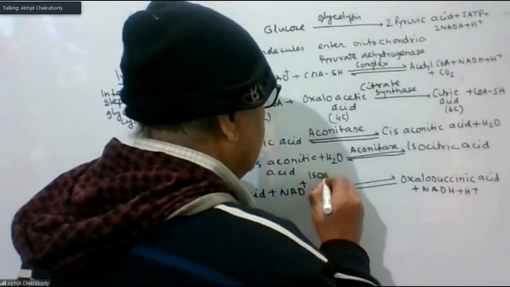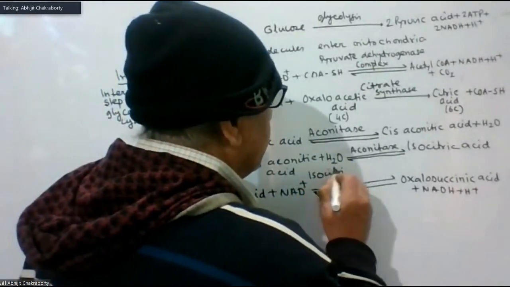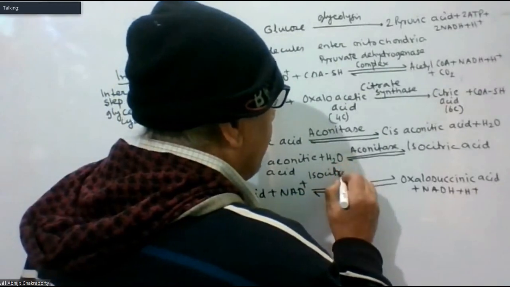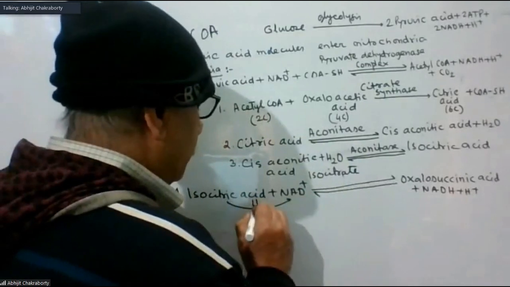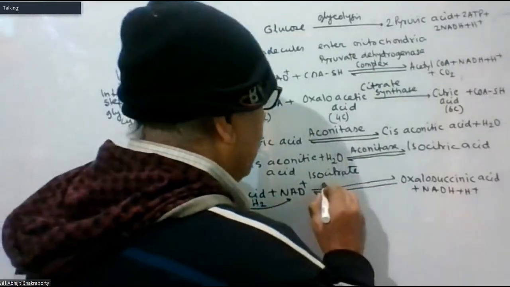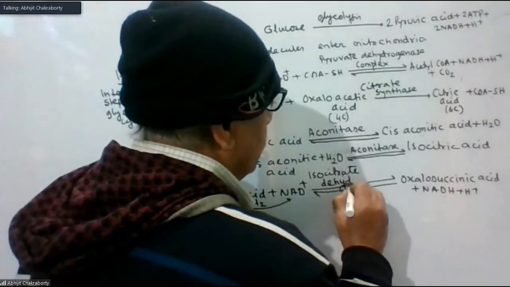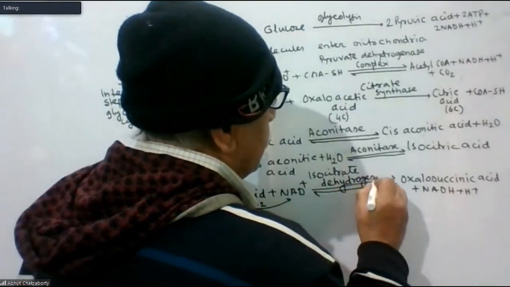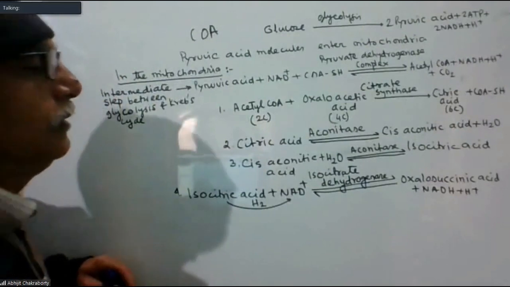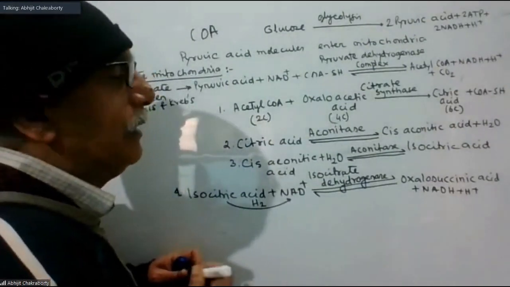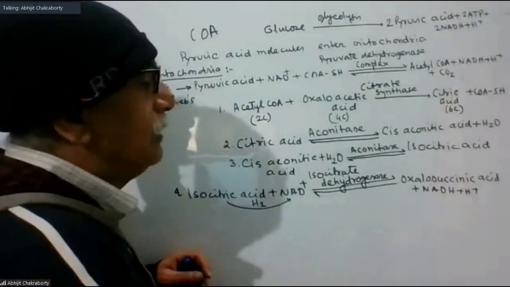The enzyme's substrate is isocitrate. As hydrogen is removed, it is a dehydrogenase. But oxalosuccinic acid is very unstable, I am telling you. I will be showing you after this reaction. Is it clear now?